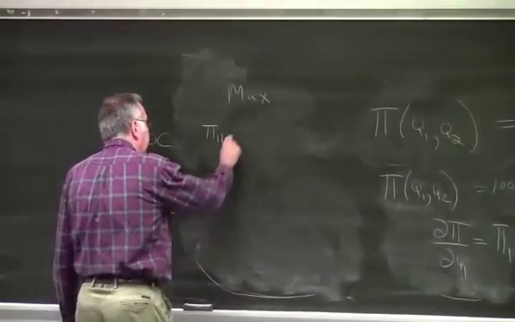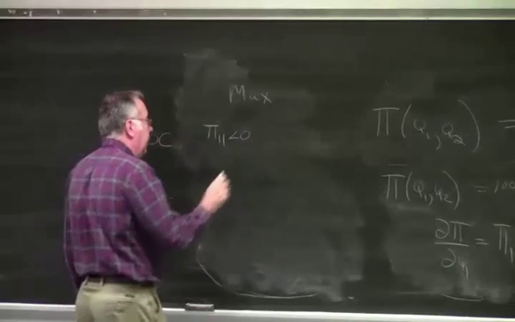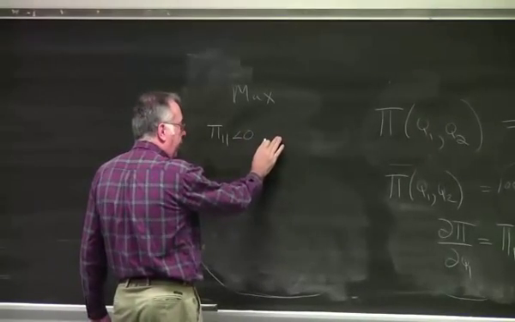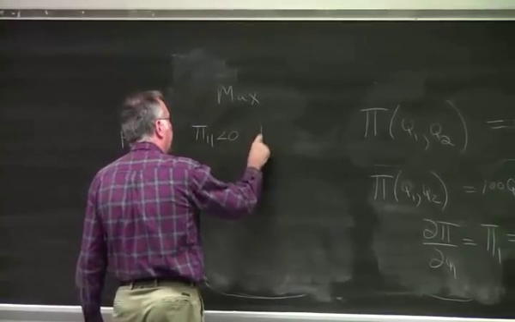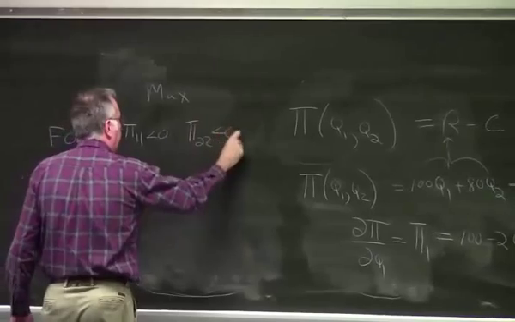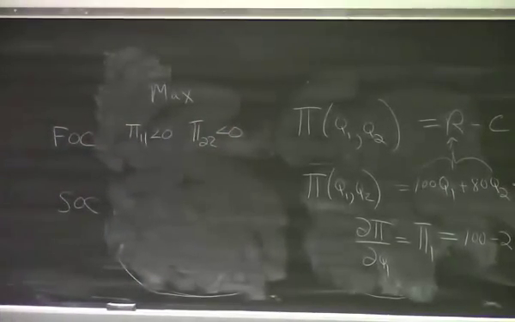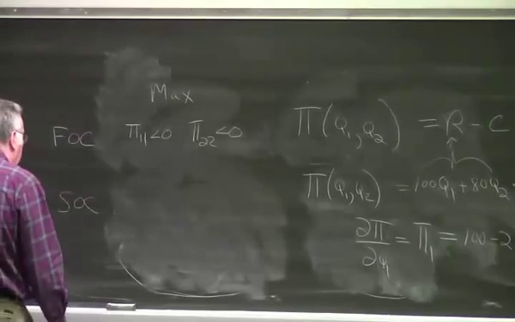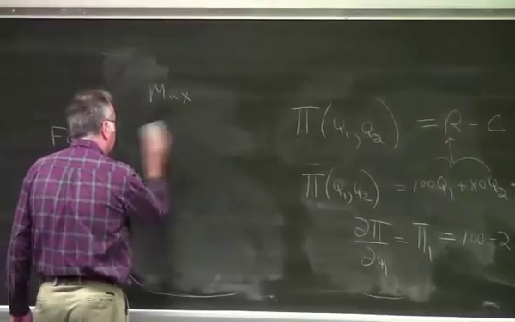So we want this to be negative. We're searching for a maximum. And what is the other one? Instead of f sub yy, now we want what here? Pi sub 2, 2. The second derivative of profit with respect to Q2. Okay. Then we also want, oops, this is our second order condition. Excuse me.